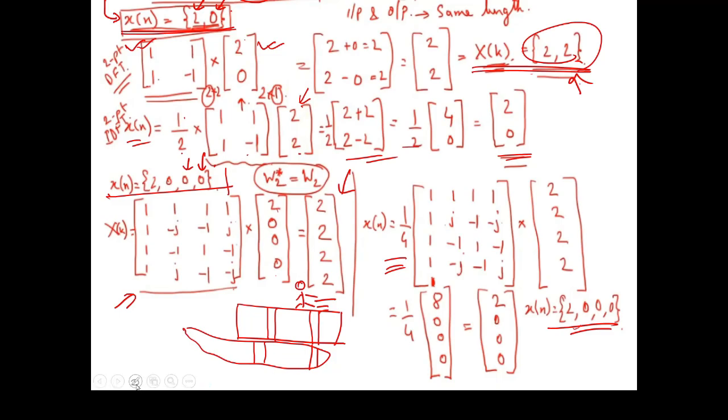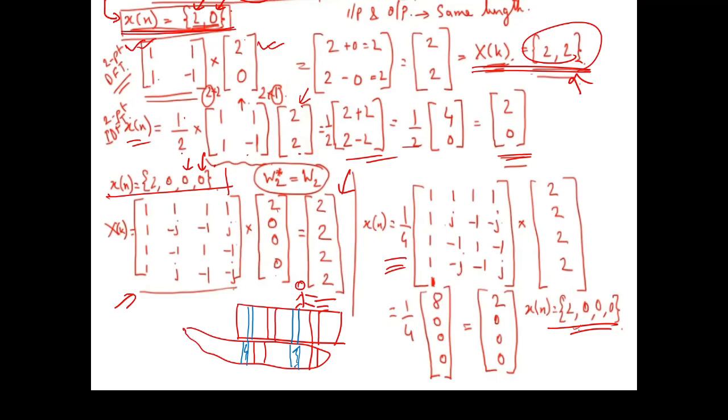Now when I go for the 4-point DFT, I am giving you 2 more slits. So correspondingly you are able to see more information. So as you go on increasing the number of points, capital N signal length, you will be getting better resolution of the frequency axis.